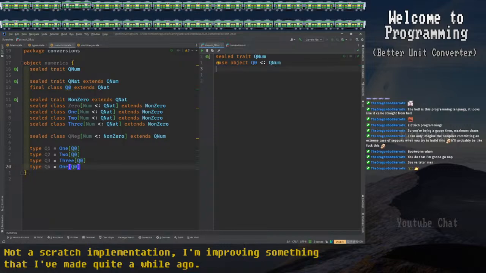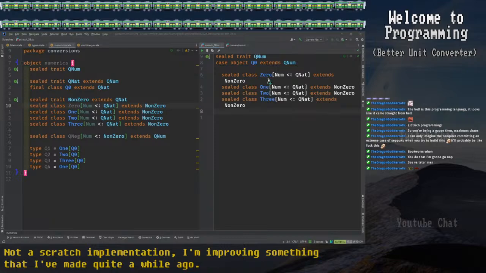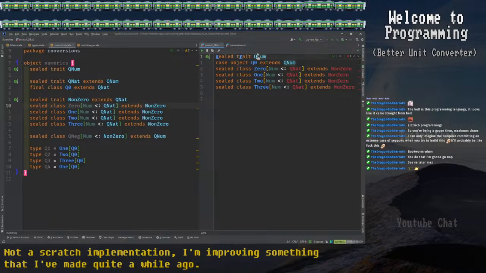QNum extends QNum. I need these as well. Nope, I don't need any of those conversions. I just mean it's a QNat. I don't need these extends.